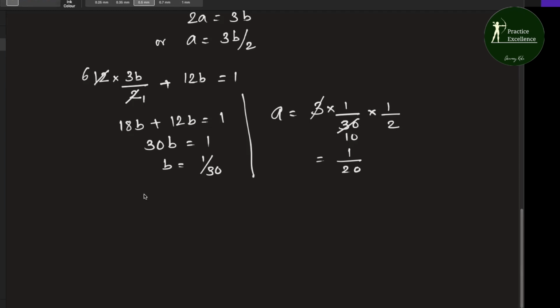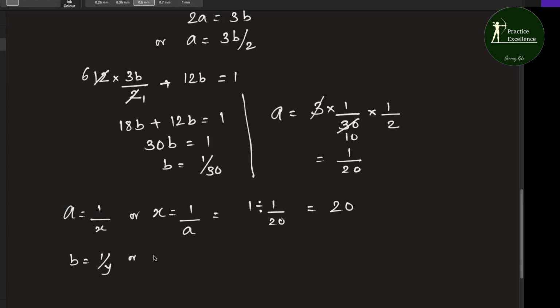But what were b and a? A was 1 upon x, or x equals 1 upon a. 1 divided by 1 upon 20, which is 20. Similarly, b equals 1 upon y, or y equals 1 upon b, which equals 1 divided by 1 upon 30, which is 30.